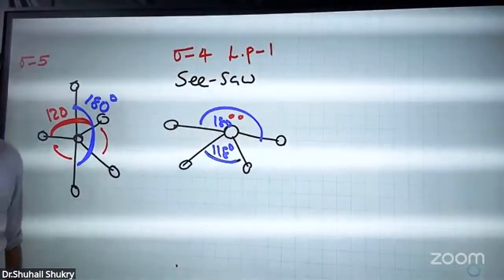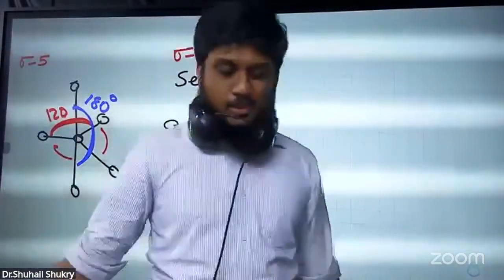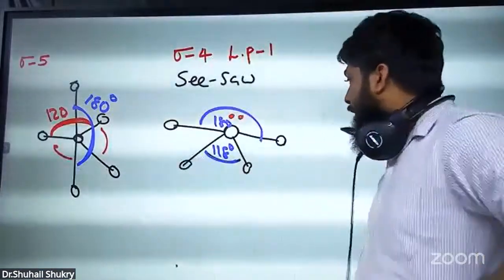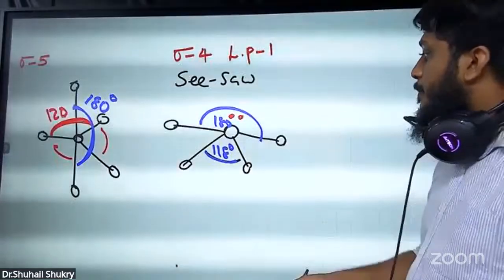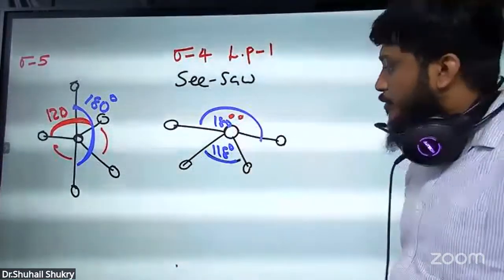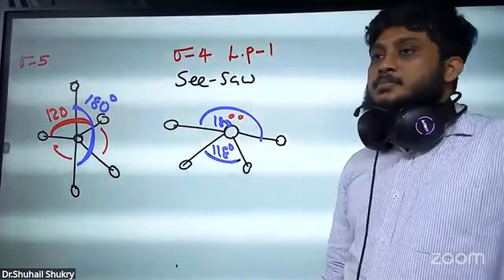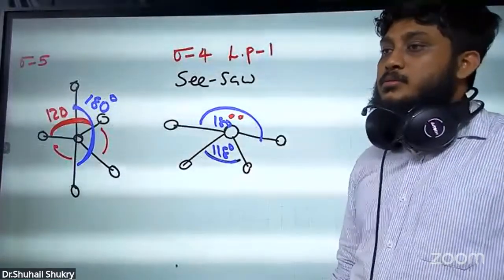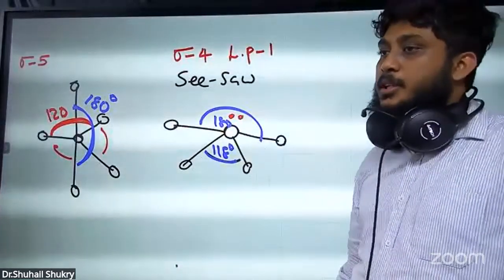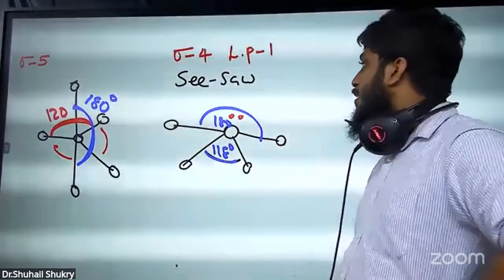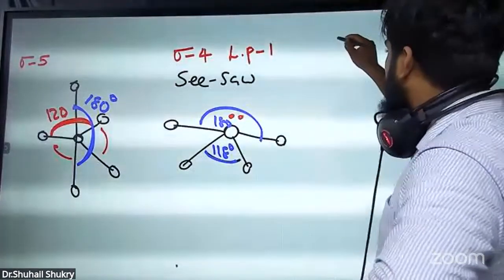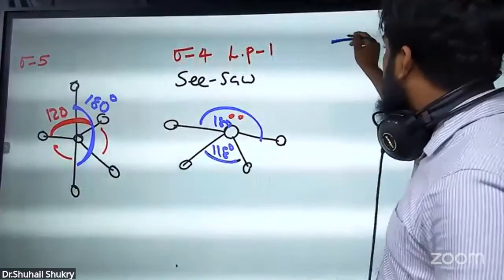Fine. We'll remove 2, but actually, if I remove 2, I can't show it on this. Okay. If I remove 1 from this, how will it look? Again, I'm going to remove 1 more. If I remove 1 more, this becomes sigma how much?